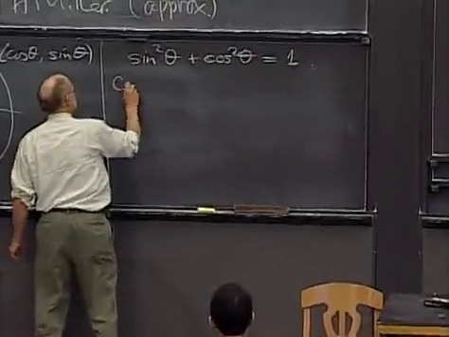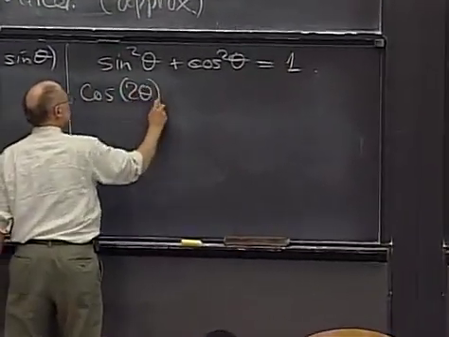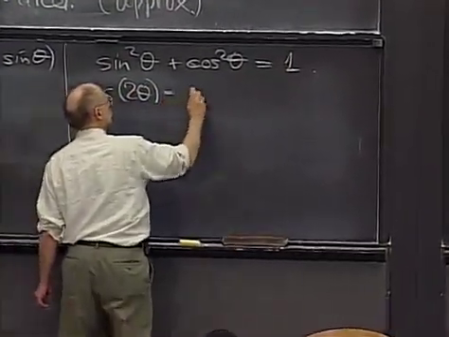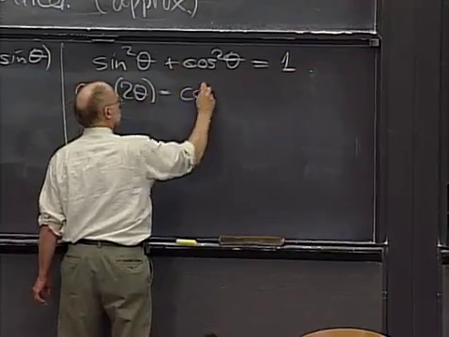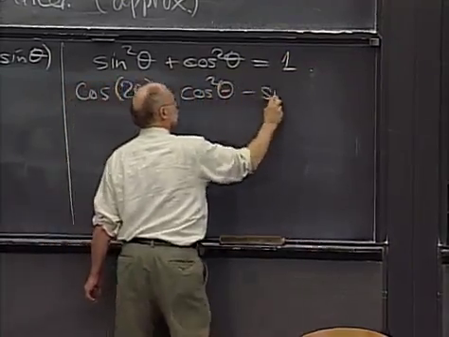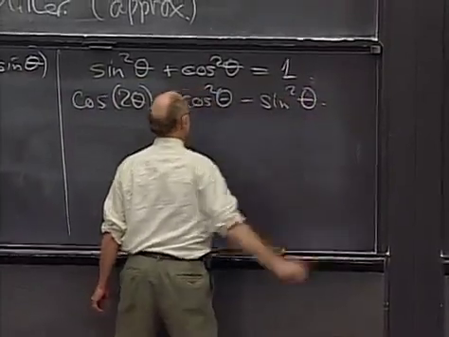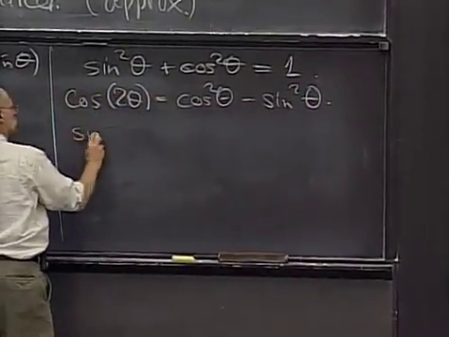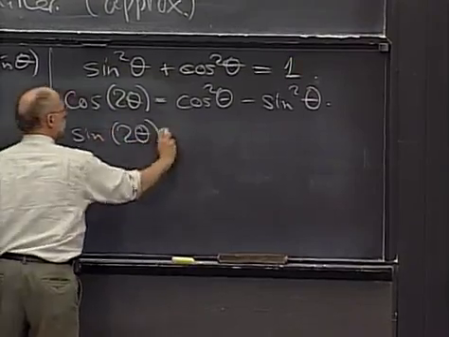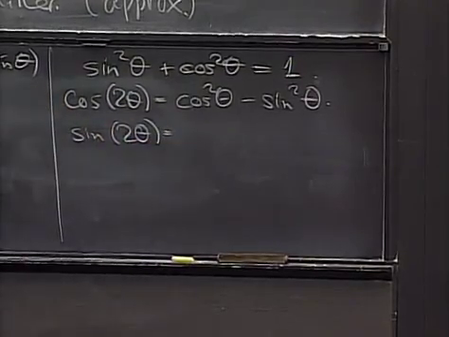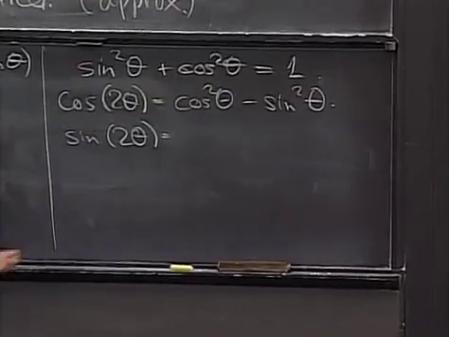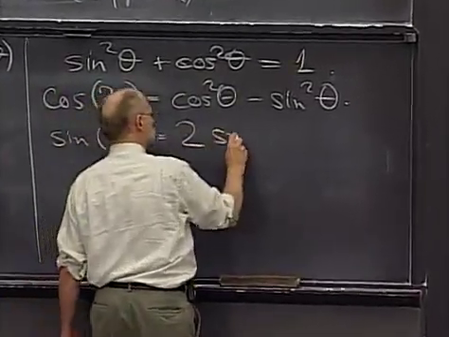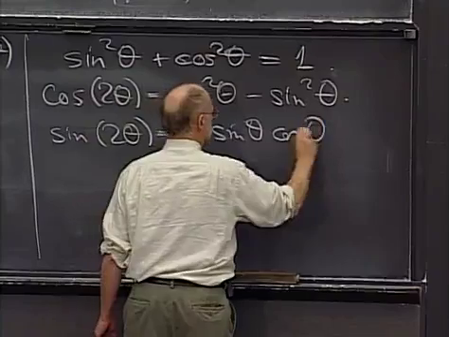Cosine of 2 theta: there's this double angle formula that says cosine of 2 theta is cosine squared of theta minus the sine squared of theta. And there's also the double angle formula for the sine of 2 theta. Remember what that says? 2 sine theta cosine theta.